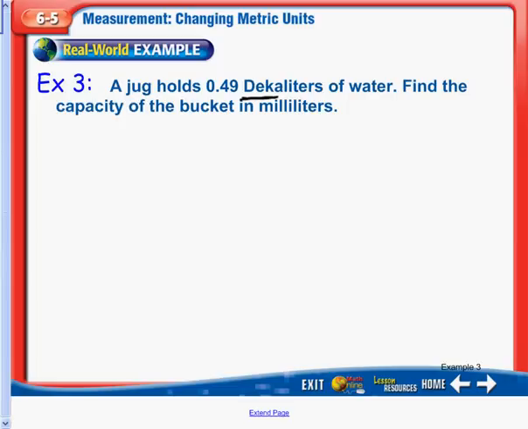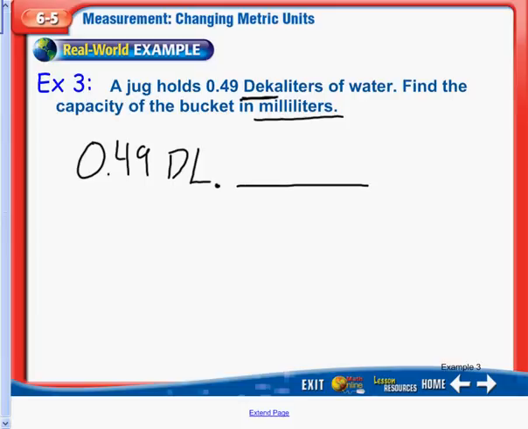Now we're trying to find the capacity of the bucket in milliliters. So I have 0.49 capital L for liters, times, I'm going to have decaliters on bottom, milliliters, again small m for milliliters, on top.